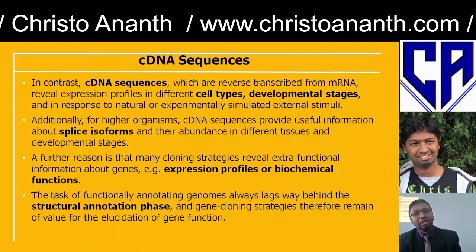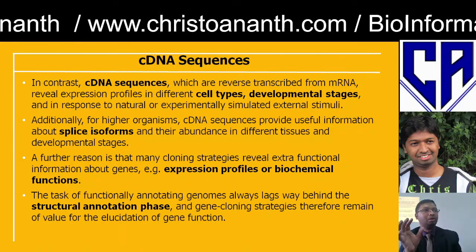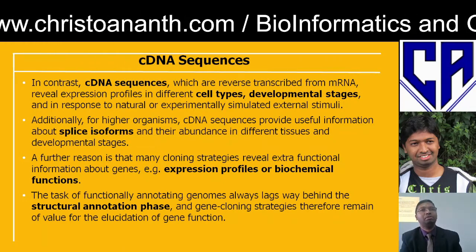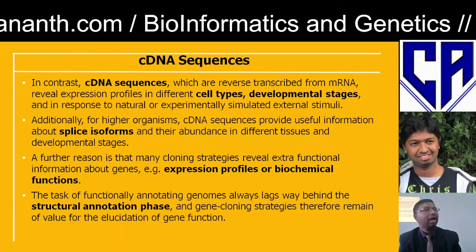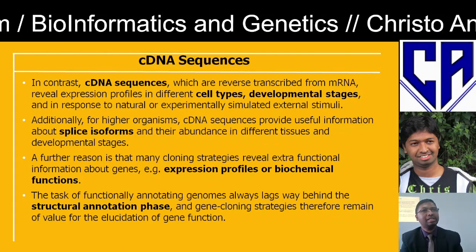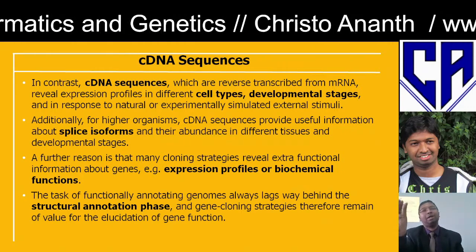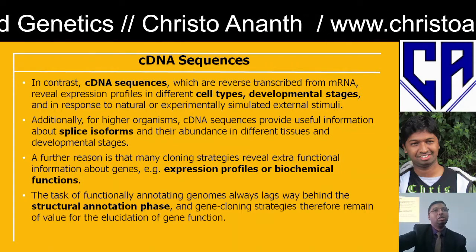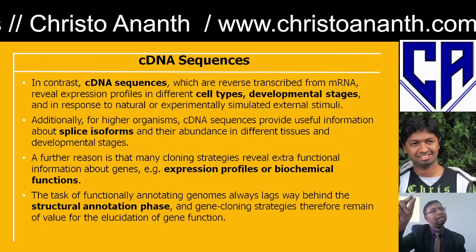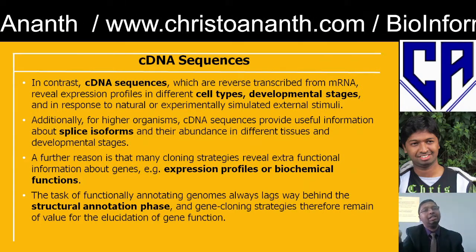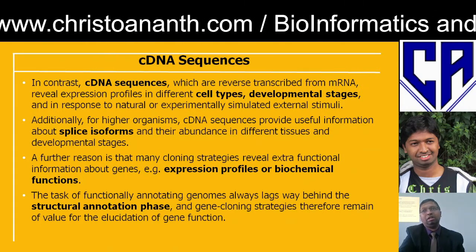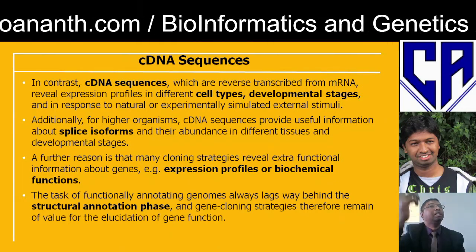So this is the experimentally stimulated external stimuli. In these cDNA sequences, we will be analyzing some useful information, some part of the information, and we will be analyzing the splices, some important parts. For example, in the human body, you have cells. Each cell will be analyzed, and you will get the information about the DNA sequences of that particular human being.